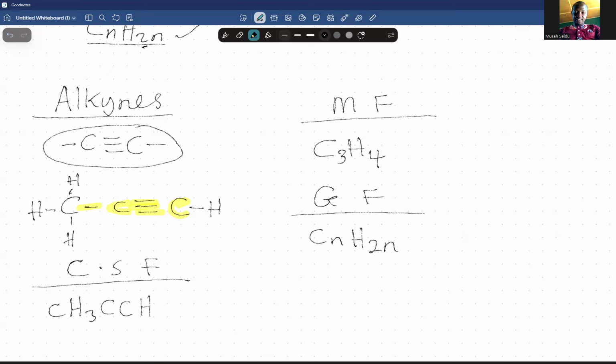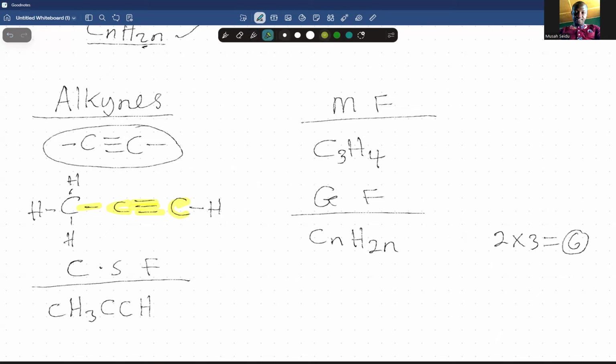Now, whatever is added here, you just take the number of C. In this case, the number is 3. And then you multiply it by 2. You get 6.